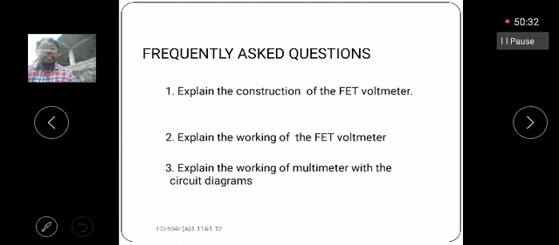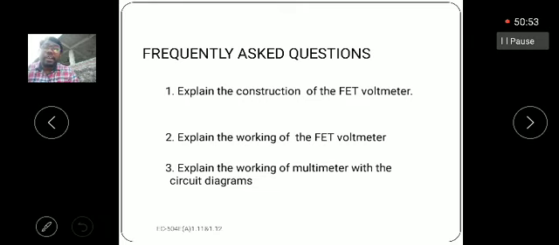In this presentation, we clearly observed the topic: the FET input voltmeter. What is the FET input voltmeter? We also discussed the construction of the FET input voltmeter and its working principle.